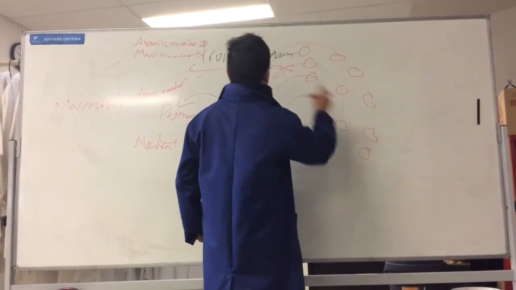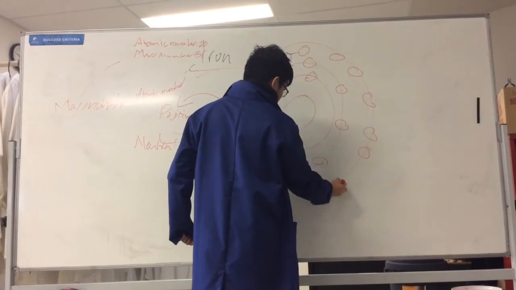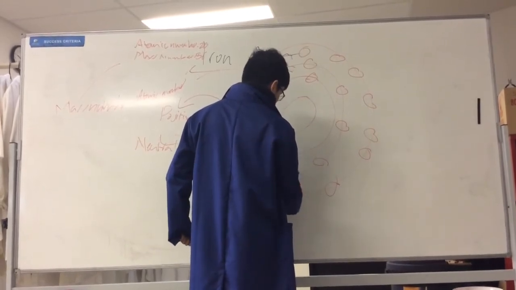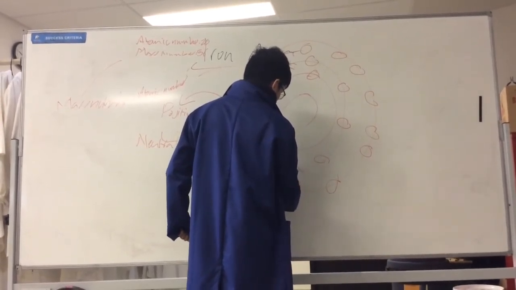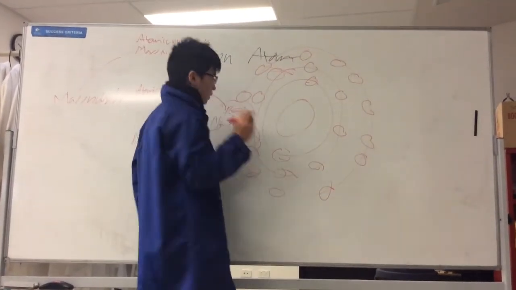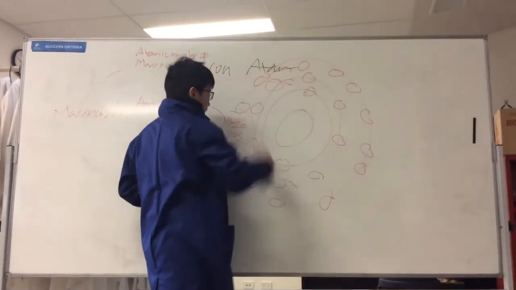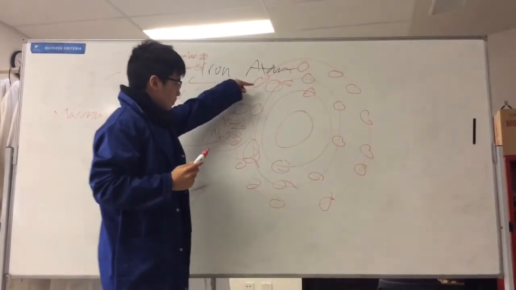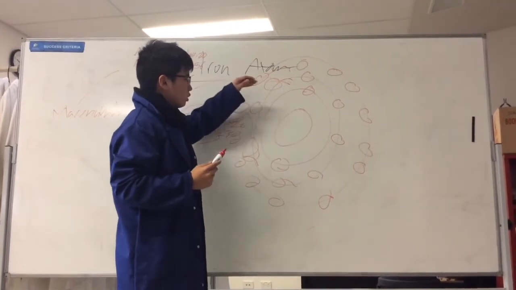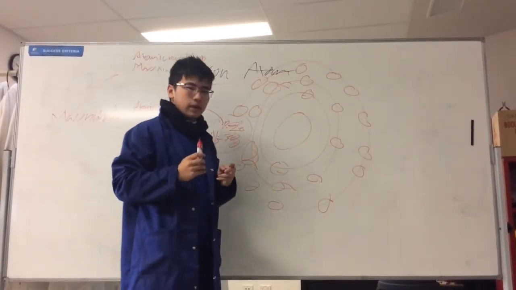There. 1, 2, 3, 4, 6, 7, 8, 10. Yeah, so all this is negative. So it's put in shells, but the outer shell, we call it the valence shell.